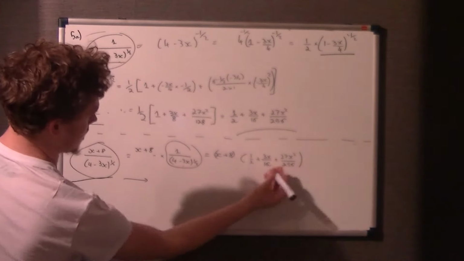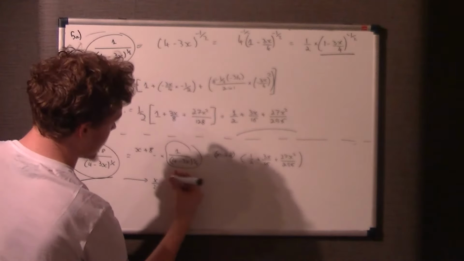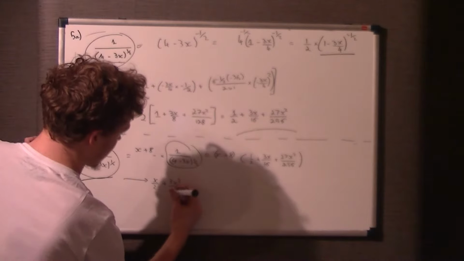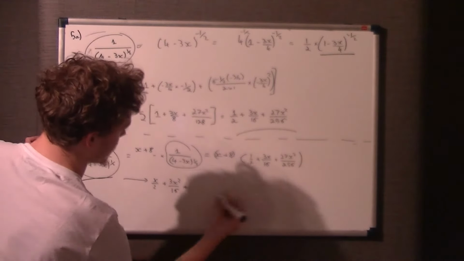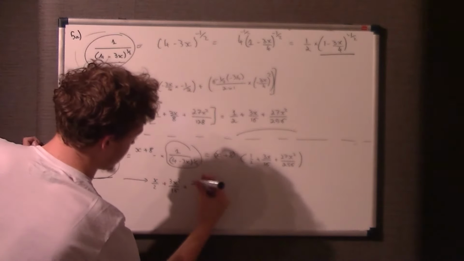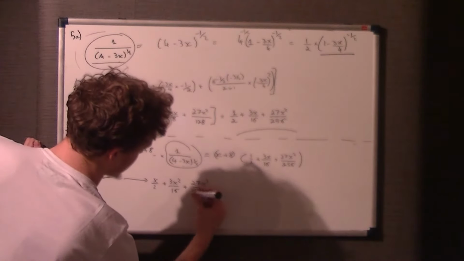So I'm going to times this all by x first. So x times a half is obviously x over 2. And then we get plus 3x squared on 16. And then x times 27x squared over 256 gets us 27x cubed over 256.